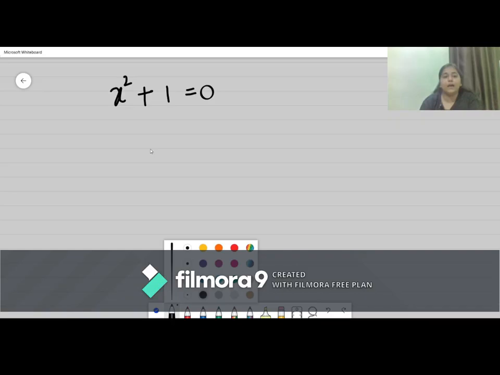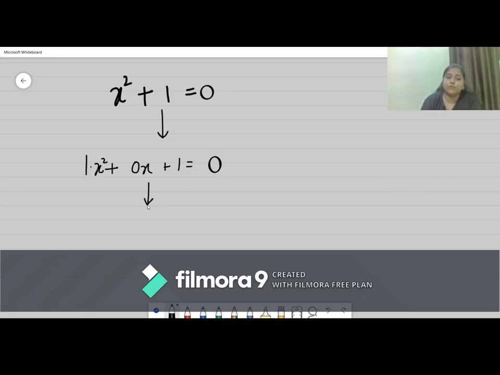If I write it in standard form, I can write this as 1x square plus 0x plus 1 is equal to 0. Now, if I find the determinant of this equation, what will I get?